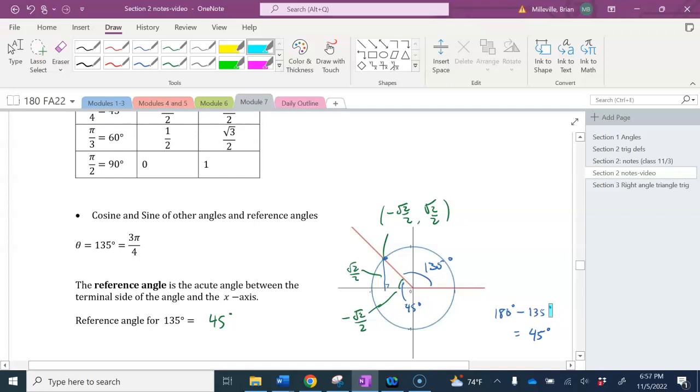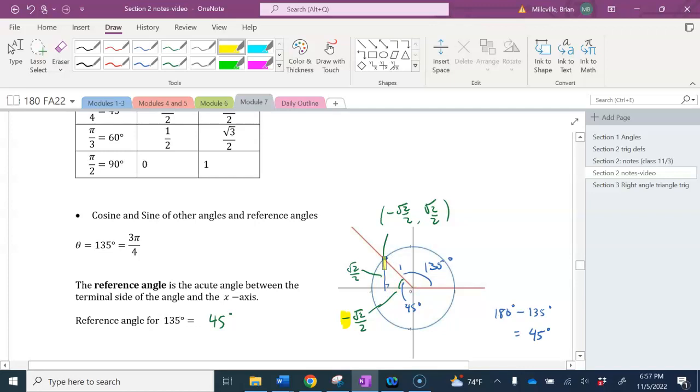Well, that is therefore a 45-45-90 triangle, right? This radius of the unit circle is 1, so we know the side lengths are square root 2 over 2 and square root 2 over 2. The one thing we're doing a little bit different here is we're adding a negative on the base length. Lengths aren't negative, but for us using the definition for cosine and sine, it's going to be convenient to label that as a negative square root 2 over 2 because we're going left from the origin and then going up to get to our point in the second quadrant.